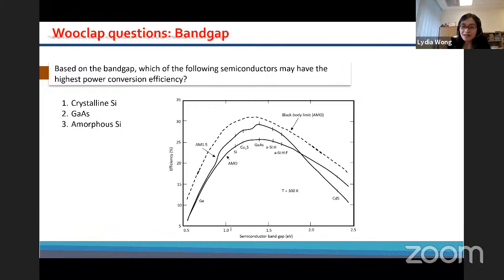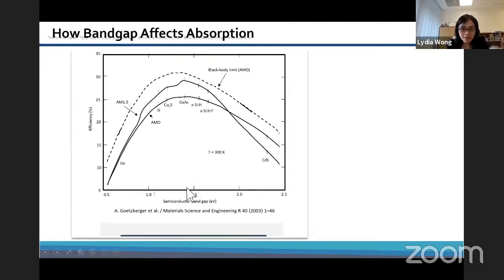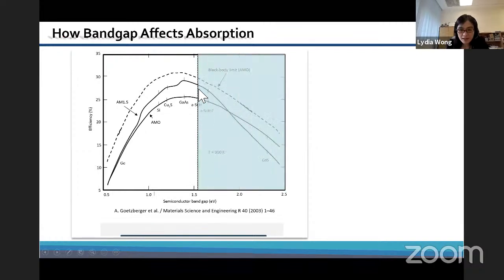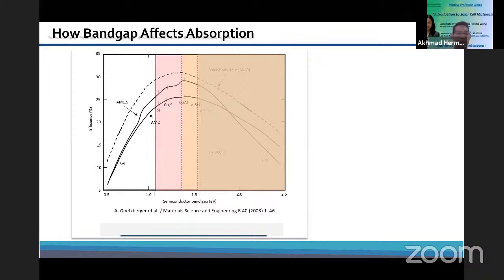So the smaller the band gap, the more photons can be absorbed. If you look at this, amorphous silicon can only absorb light that is shaded here. Photons with energy larger than the band gap, which is larger than 1.5, can be absorbed. So only this part can be absorbed. Gallium arsenide can only absorb this part, anything that is larger. Silicon absorbs this much.